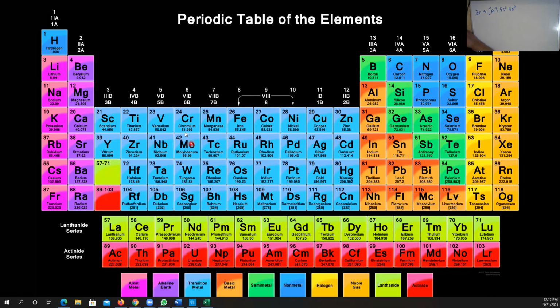So like your chromium exception and your copper exception, those exceptions expand to more elements, but for the majority of them, you can just count where they are on the periodic table to figure out how many d electrons they're going to have. Okay, so our electron configuration for zirconium is Kr 5s2 4d2, and that's the neutral configuration.